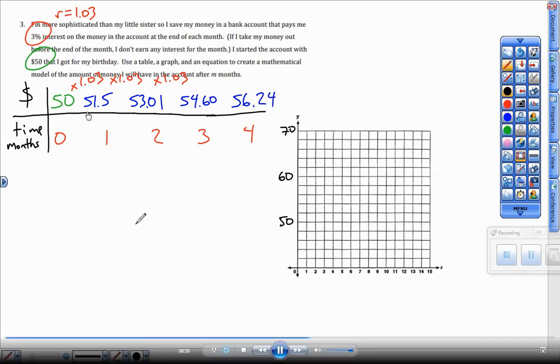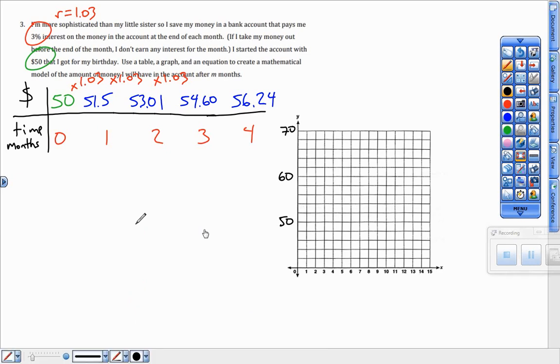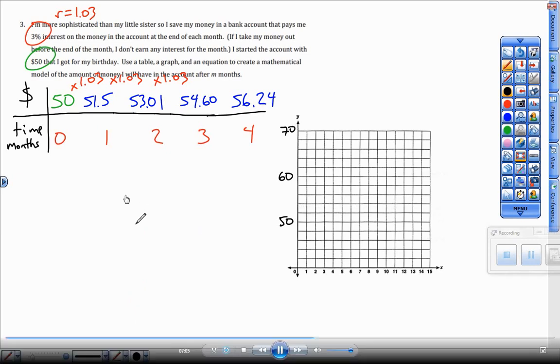All right, this is a continuous problem. I'm going to write the explicit form. The money is constantly making money while it's in that account for a month.